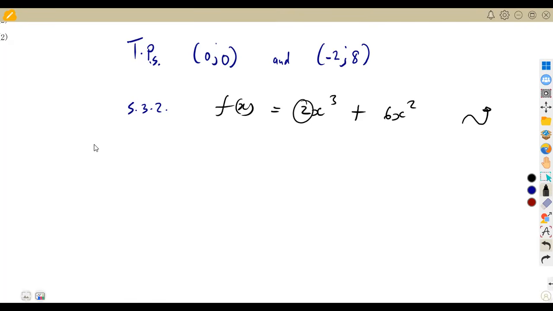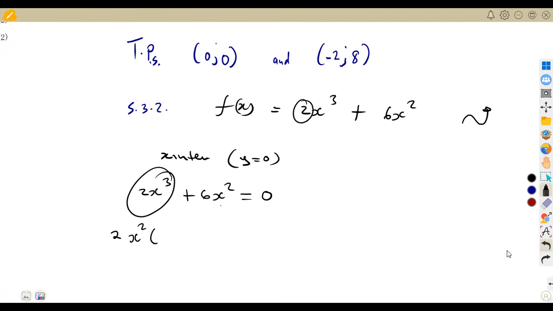Then from these turning points, we can also consider the intercepts, that is the x-intercepts, where we know that y must be equal to 0. So if y is equal to 0, it means 2x cubed plus 6x squared must be equal to 0. So you can factorize just like the previous case, where we take the highest common factor, which is 2, and factor out x squared, the one with the smallest exponent.